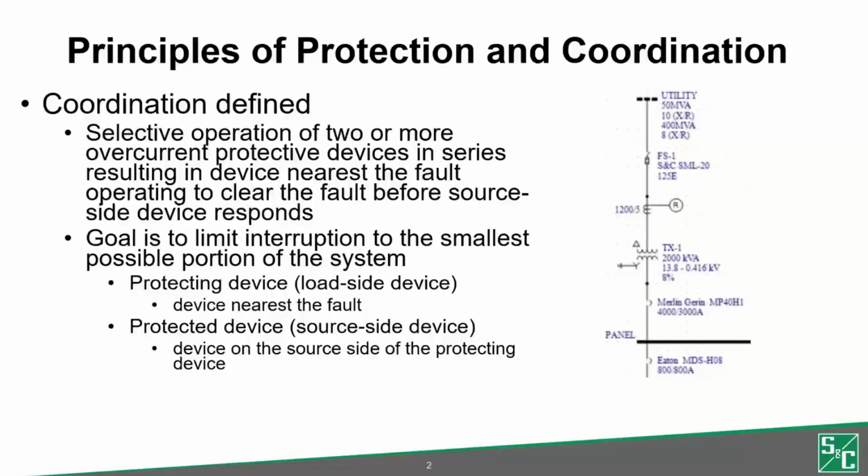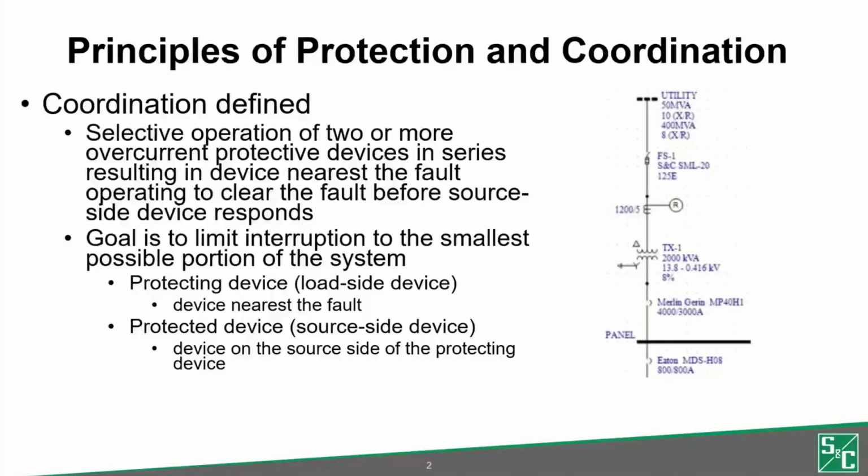And the device that is farther upstream would not trip to operate unless the downstream device has failed to trip. This would ensure power outage in the event of a fault is limited to the smallest amount of downstream equipment or downstream customers when the protecting device trips.